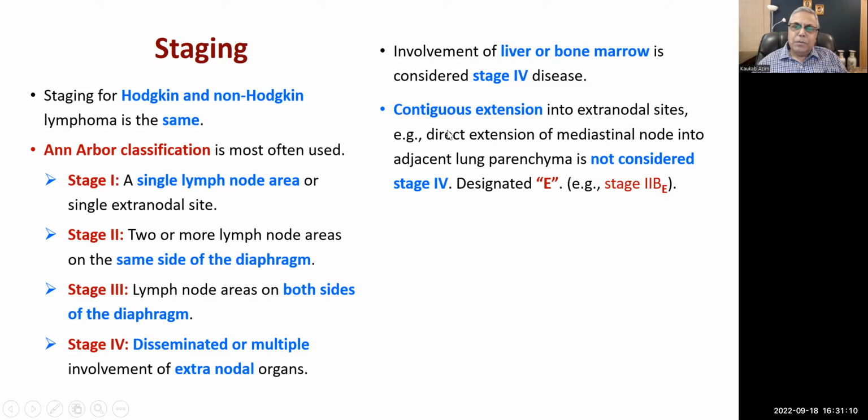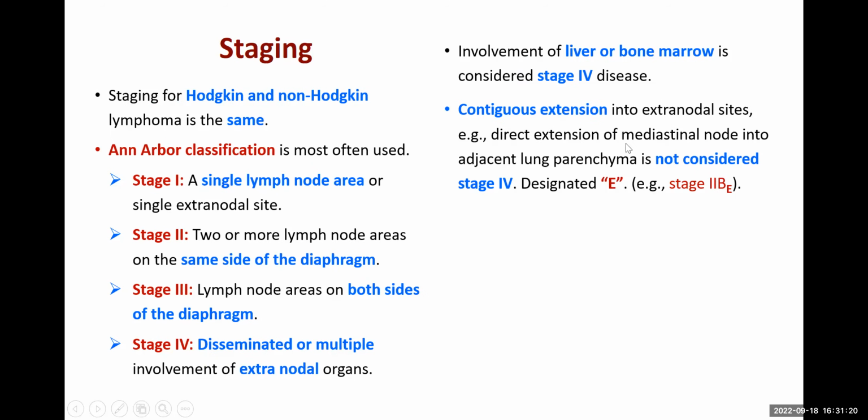So when the contiguous extension, which means out of the lymph node, for example, in the lung parenchyma, actually it says that direct extension of mediastinal node into adjacent lung parenchyma is not considered stage 4, right? It is considered an extension, but not a stage 4.